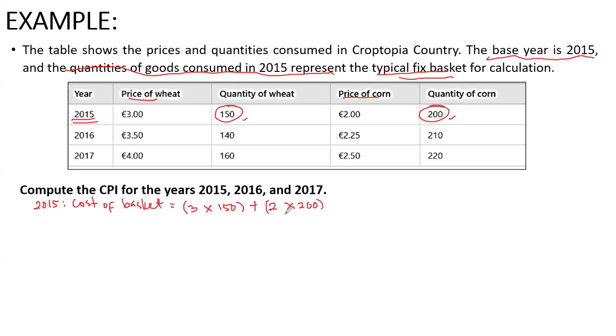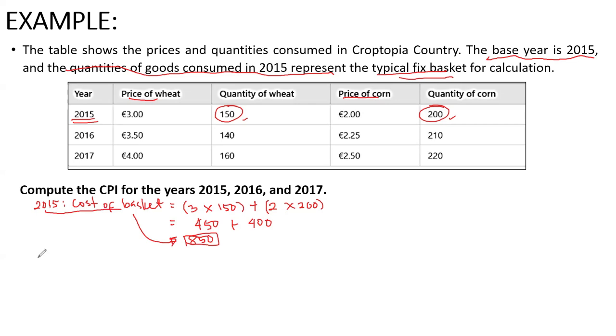If you use your calculator, 3 times 150 is 450, plus 2 times 200, which is 400. So the cost of the basket in 2015 is 850.